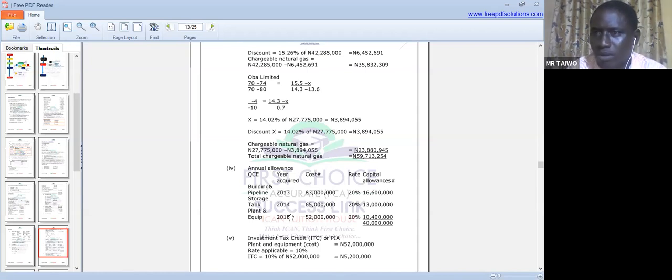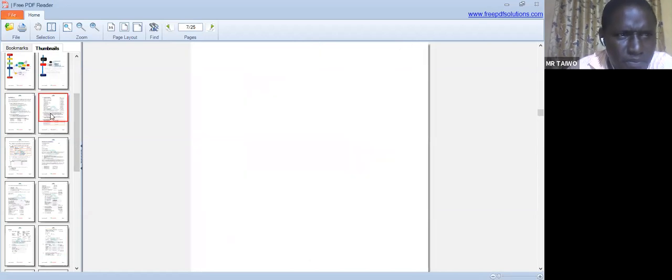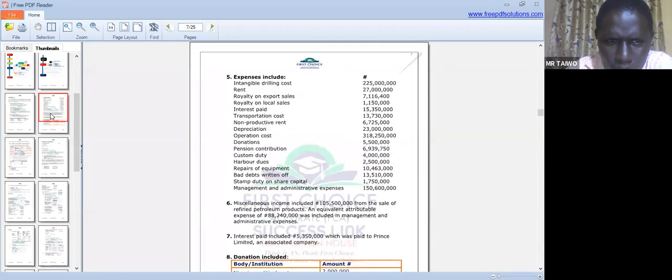Petroleum investment allowance on plant and equipment. Look at it. If you want to compute, it will now depend on the location of the asset in the water. I think they gave us the location in the question.